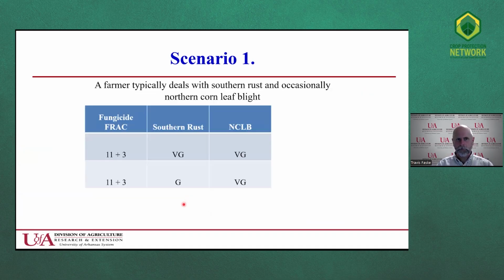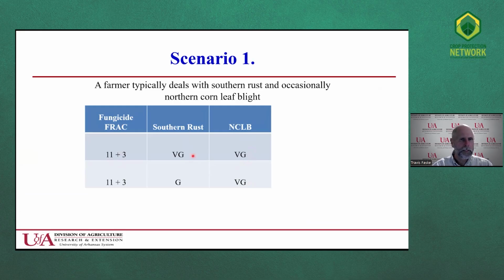So here's just two fungicides, and I've got them just represented by the FRAC codes here. So 11, remember that was the best one for southern rust. And then a 3, probably not going to provide a lot of southern rust control, but would be helpful for the northern corn leaf blight. So for NCLB, both of them are very good, hard to choose from that standpoint.